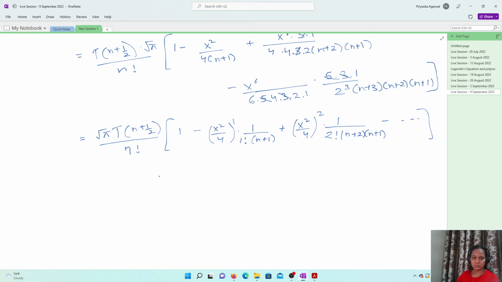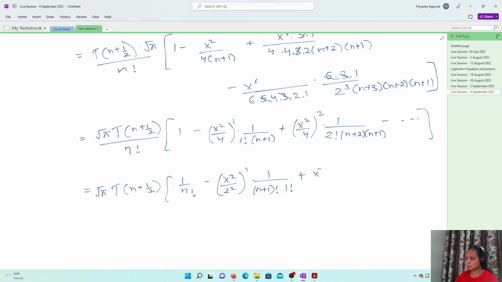Okay. Now if we just take this n factorial inside, what we have is gamma of n plus half, 1 by n factorial minus x square over 2 square to the power 1 into 1 upon n plus 1 factorial into 1 factorial.